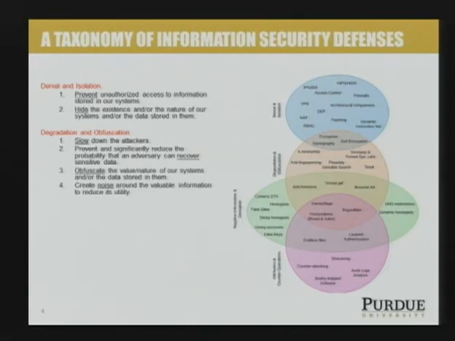And then we want to obfuscate either the nature or the value or the existence of the data that we have. To give an example, we use tools like k-anonymity to obfuscate, for example, the location of a data set that we have, such that if we want to send it to someone or make it public, it doesn't really reveal the real locations of the data sets. And finally, we want to create some noise.